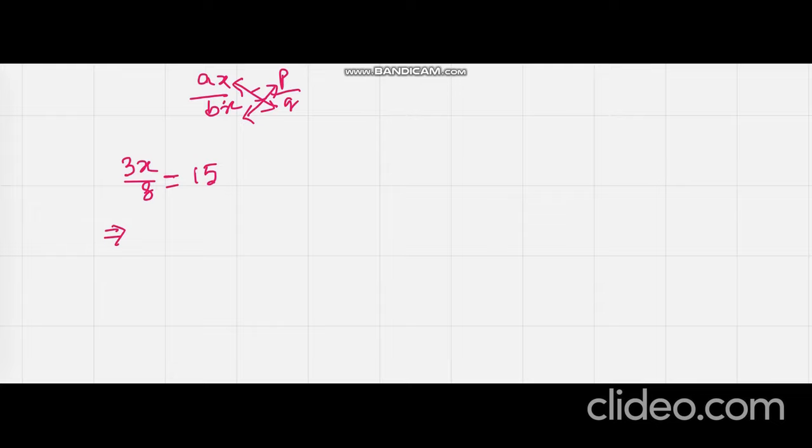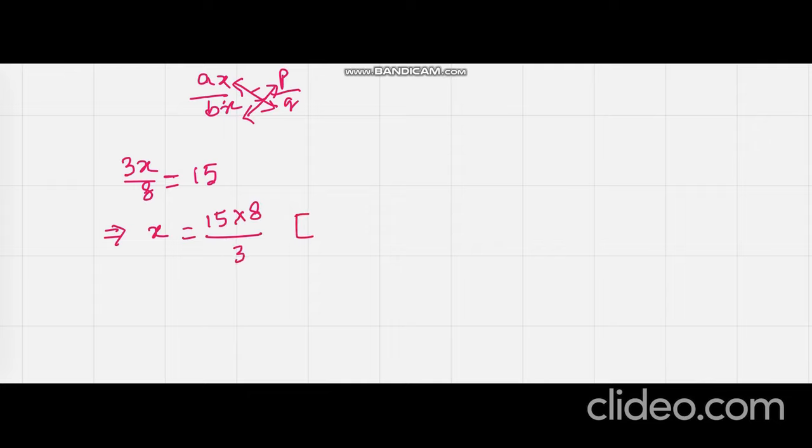Since 8 is in the denominator, if we change the side, then we have to cross multiply it. And similarly 3 is in the numerator, so that will come to the denominator when you change the side. So now x will be 15 multiplied by 8 divided by 3.